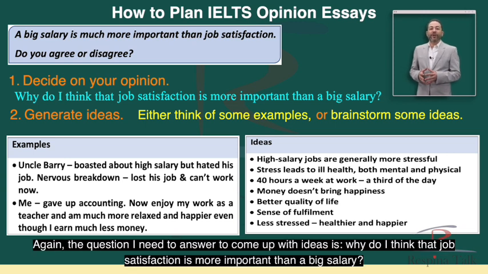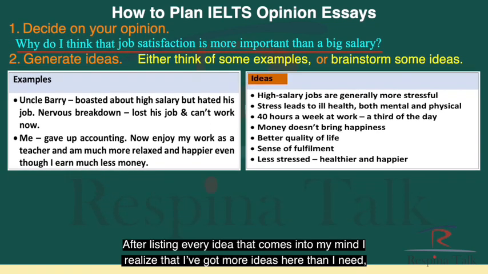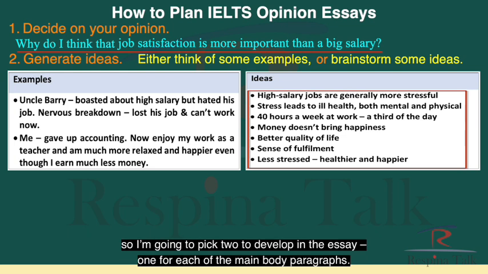Again, the question I need to answer to come up with ideas is, why do I think that job satisfaction is more important than a big salary? After listing every idea that comes into my mind, I realize that I've got more ideas here that I need. So I'm going to pick two to develop in the essay, one for each of the main body paragraphs.